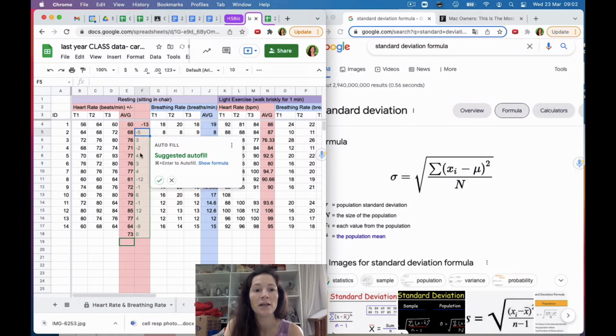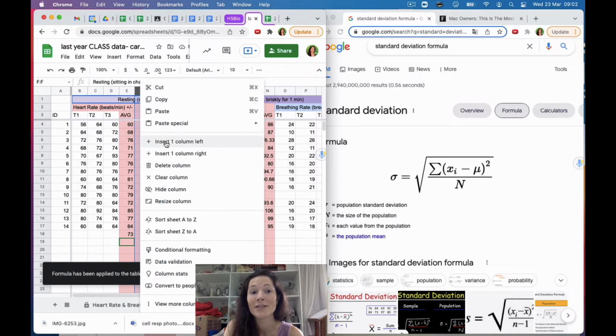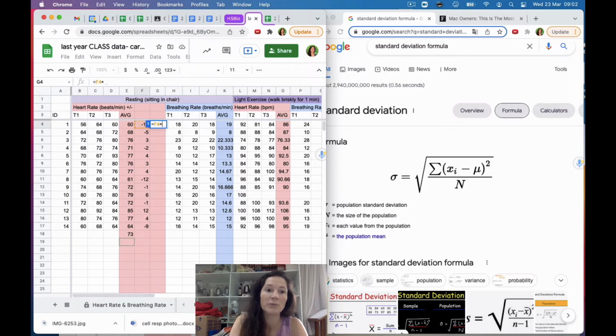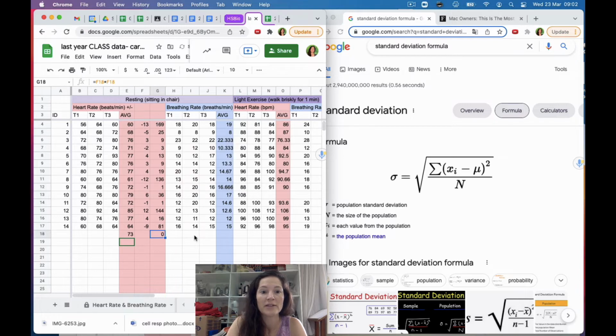I'm just going to type this in. Google has read my mind. Yes, I want to do that. Then we take that difference and square it, right? So the difference from the mean, we square every single one of these, each number multiplied by itself.